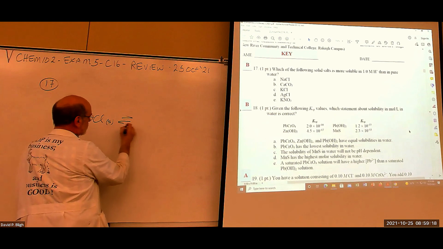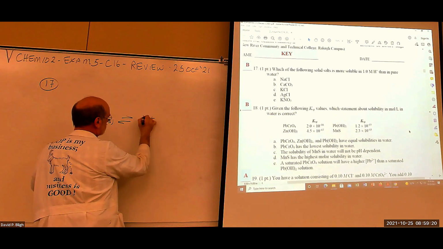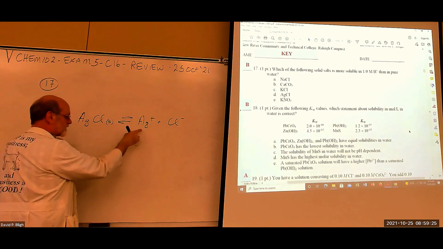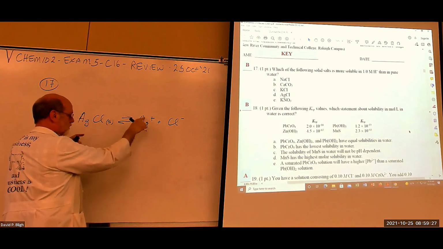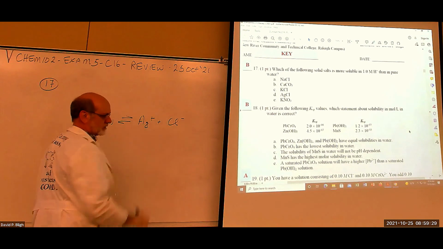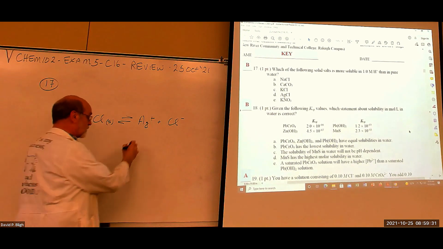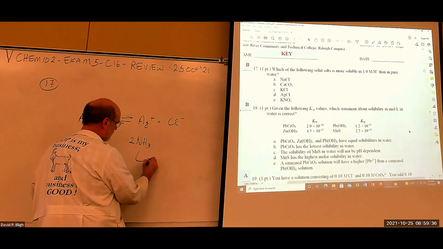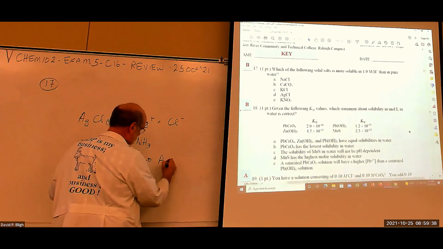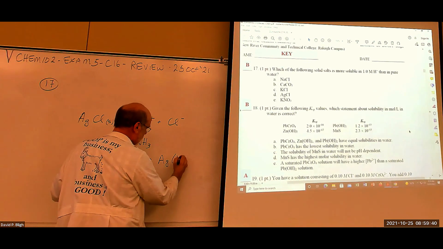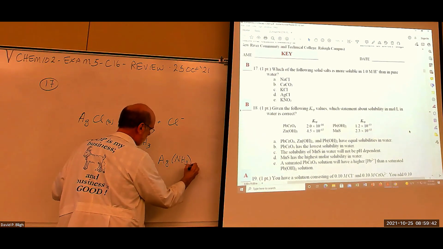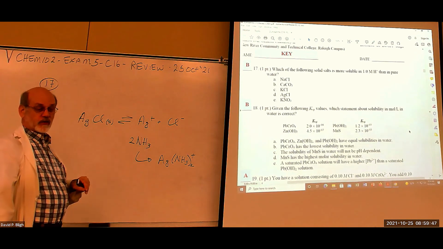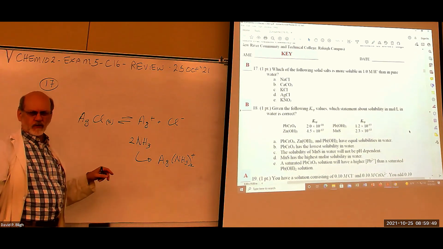So if it's going to make silver ions plus chloride ions, then we need something that will remove this from that reaction equation. And to do that, we add ammonia. Actually, 2 of them. And that makes this complex ion.